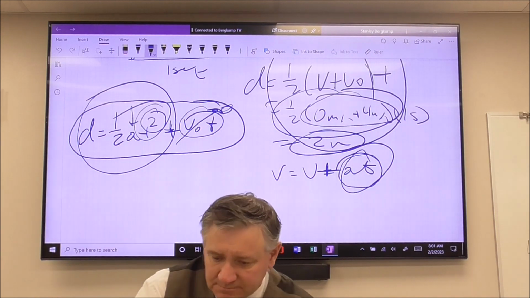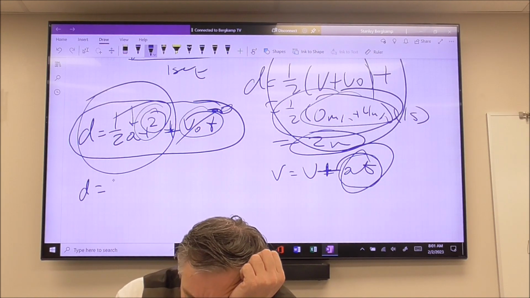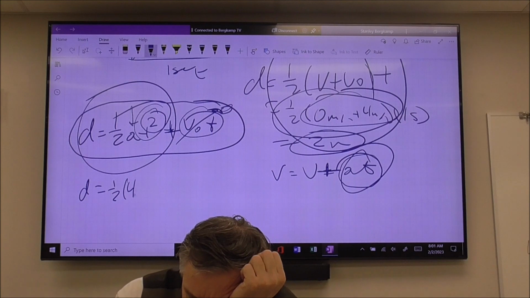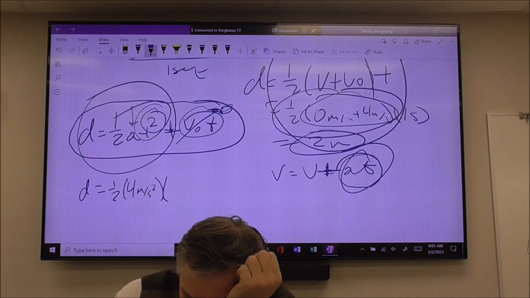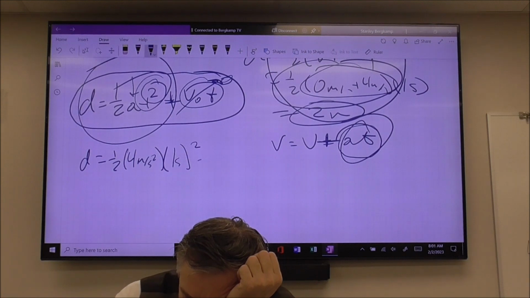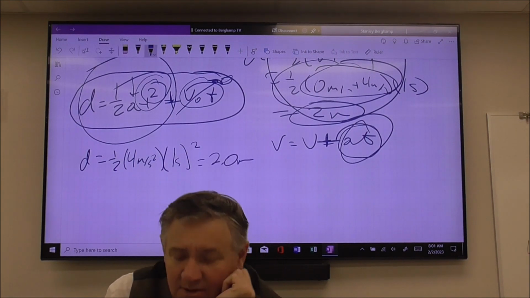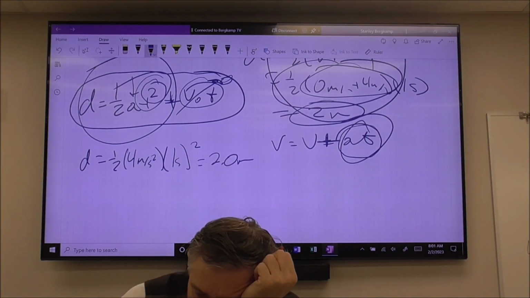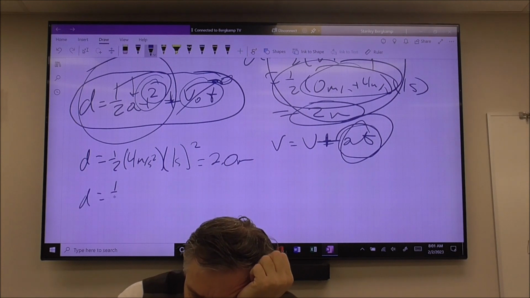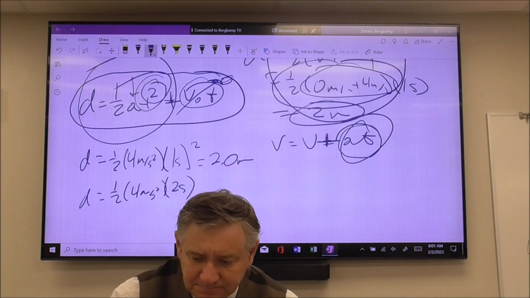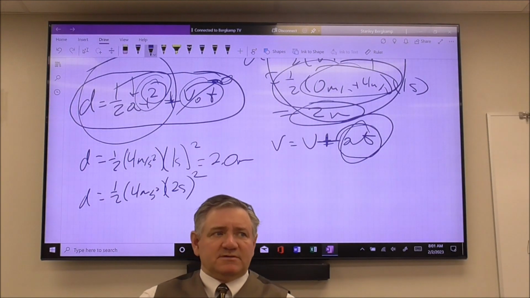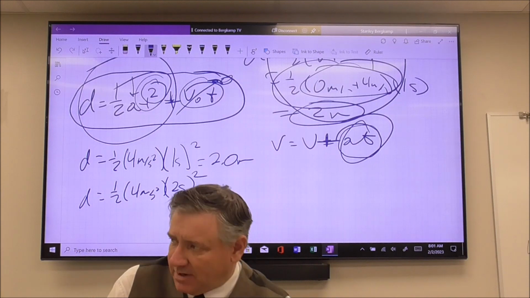So here's what we're going to do. We come here and go, okay, 1/2 times my acceleration of 4 meters per second squared. I plug in 1 second. I'm going to square that. Oddly enough, I'm going to get 2 meters. Now, if I want to figure out how far I went at 2 seconds, here's the other thing that I want you to see. That is t squared, okay?